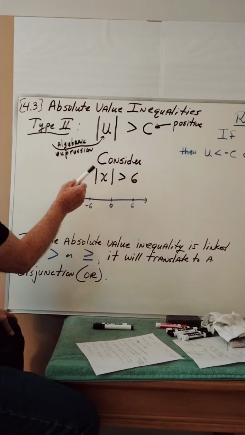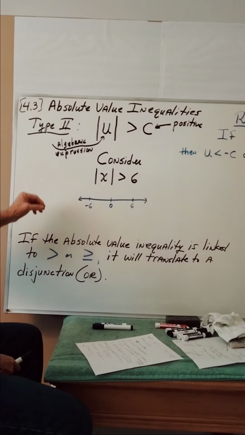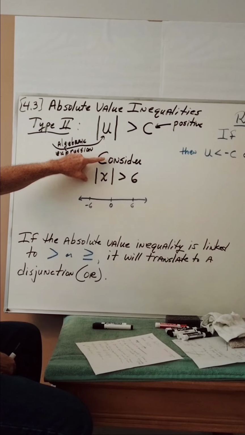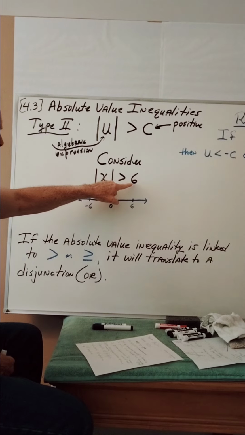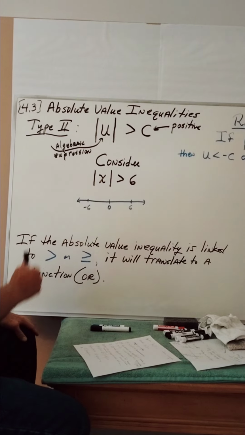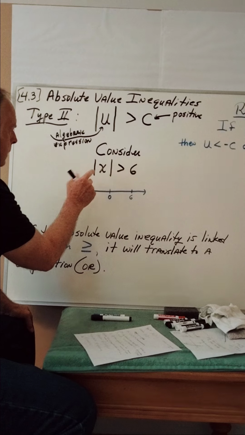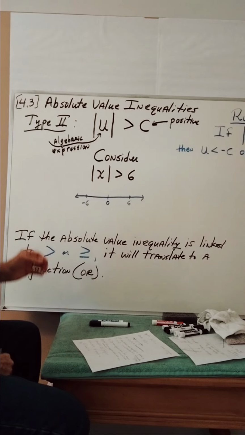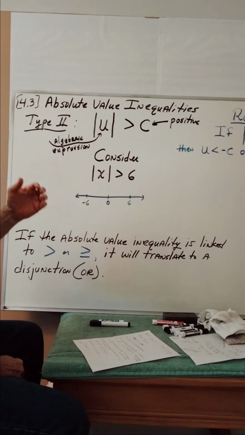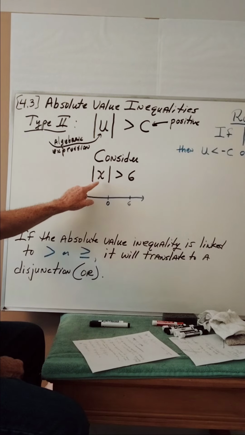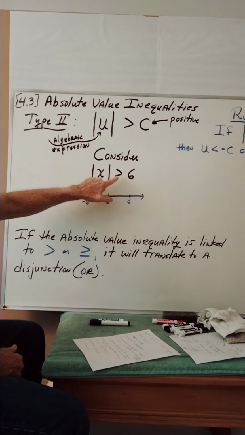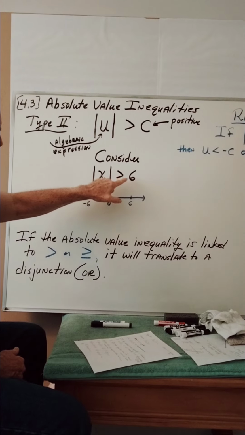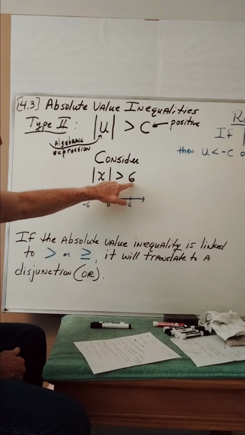Let's consider this problem. Let's consider the absolute value of x is greater than 6. Now let's translate. X must be a real number whose distance away from 0 on a number line must be greater than 6 units.